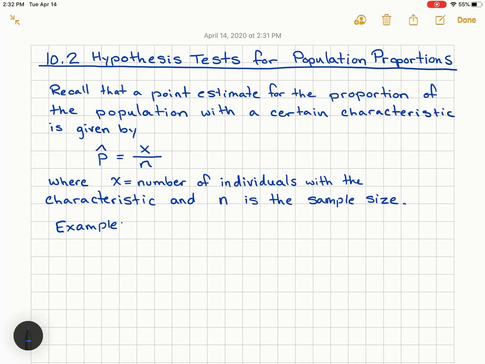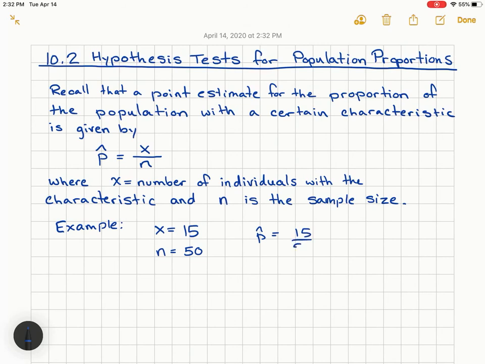So for example, if I want to know the proportion of individuals who eat dinner out more than twice a week, I could say x equals 15. That would be the number of individuals who eat out more than twice a week, and n equals 50 is my sample size.